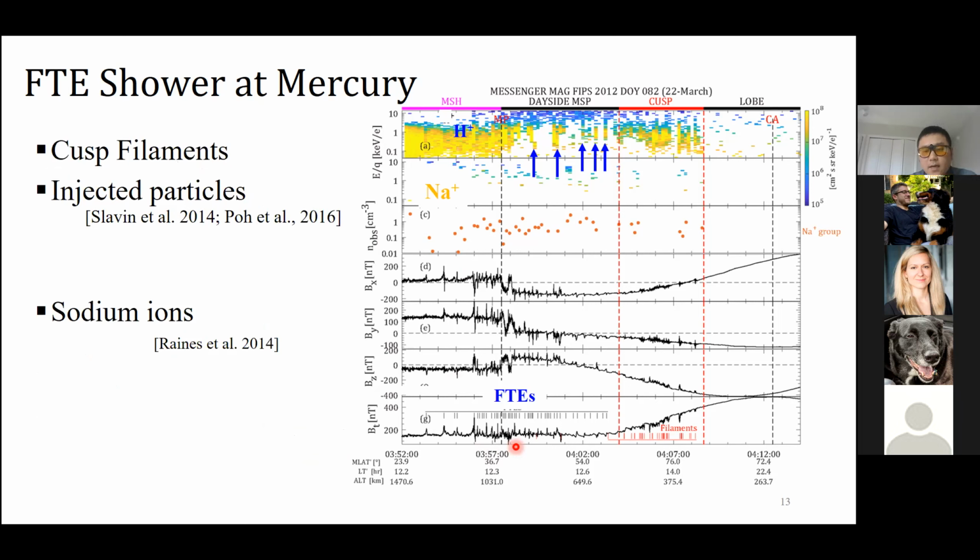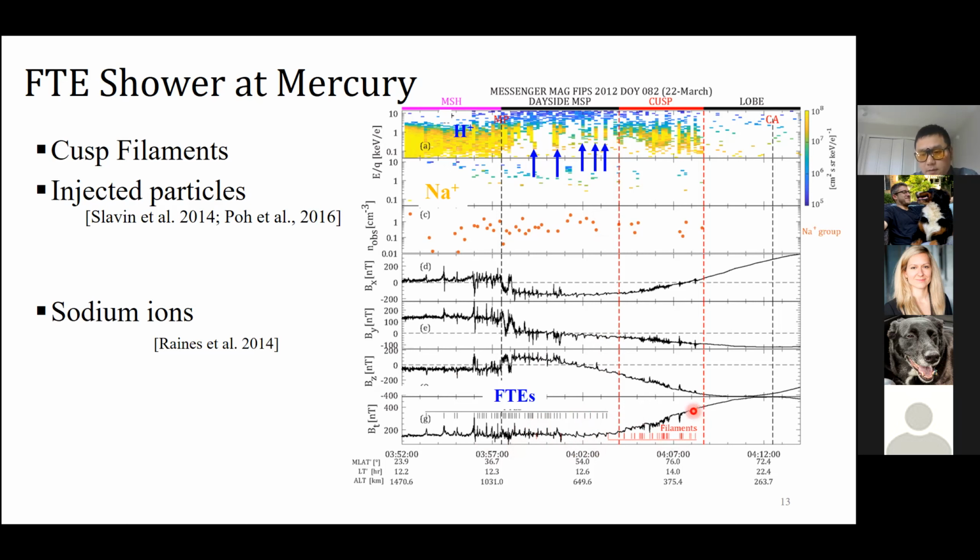Okay. So near the subsolar magnetopause here, we saw a large number of flux transfer events. That is what we call the flux transfer event shower. And in the day-side magnetosphere here, which is high latitude, on the first panel you see several intermittently appearing low energy, high flux particles, which should be the injected solar wind particles associated with the flux transfer events.